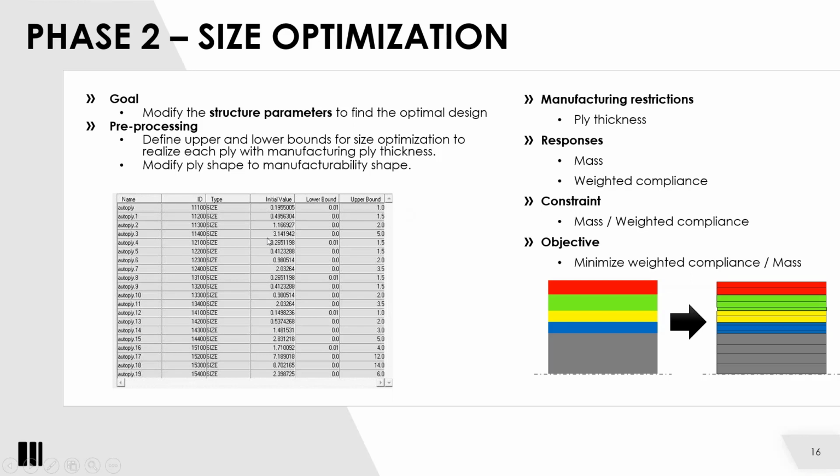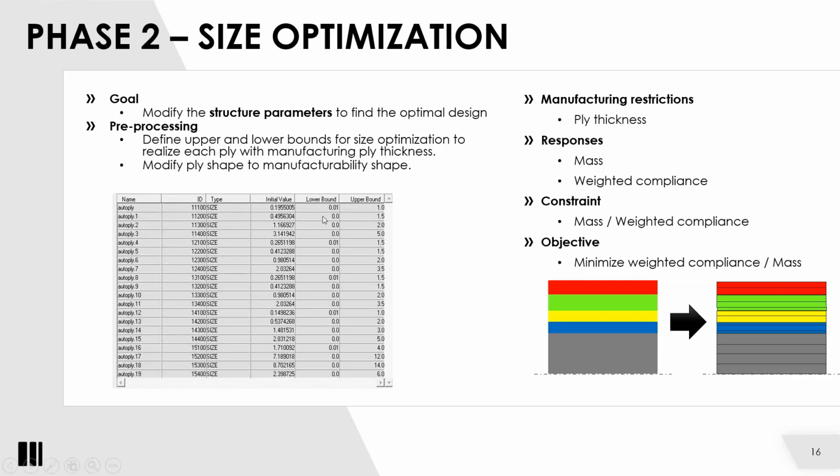So what we do is, for example, here you have a thickness of 3.14 millimeters. Let's say your layer thickness is 0.2 millimeters, so you can only manufacture 0 millimeters, 0.2 millimeters, 0.4 millimeters thicknesses when you stack the layers.